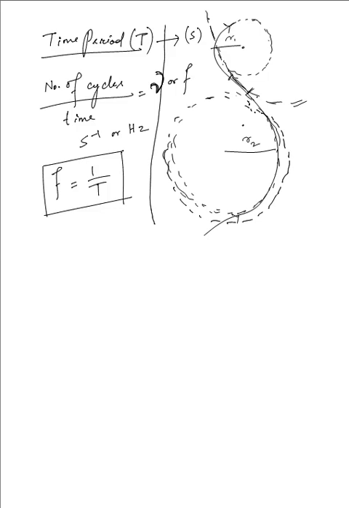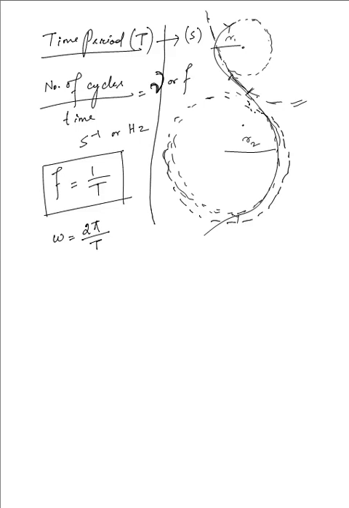So the frequency is the reciprocal of the time period, and that essentially is the relation between them. As I had mentioned about the angular frequency omega, that is the angular speed, is the angular displacement that it covers in a given amount of time, and in one time period obviously the angle covered will be 2 pi radians, because it completes one full cycle.